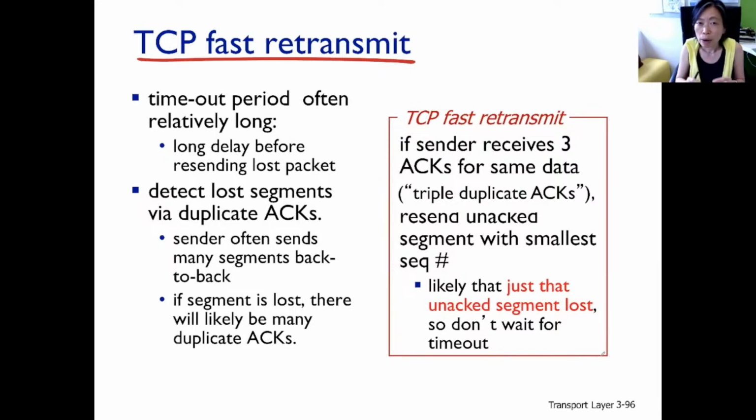But what if the packets go out, did not hit a congestion point, and we just have a random packet loss in the middle of it? What does the receiver do there? Yeah, it's going to get packets in order, and then a random loss. All the subsequent packets arriving out of order are going to generate duplicate ACKs coming back to the sender.